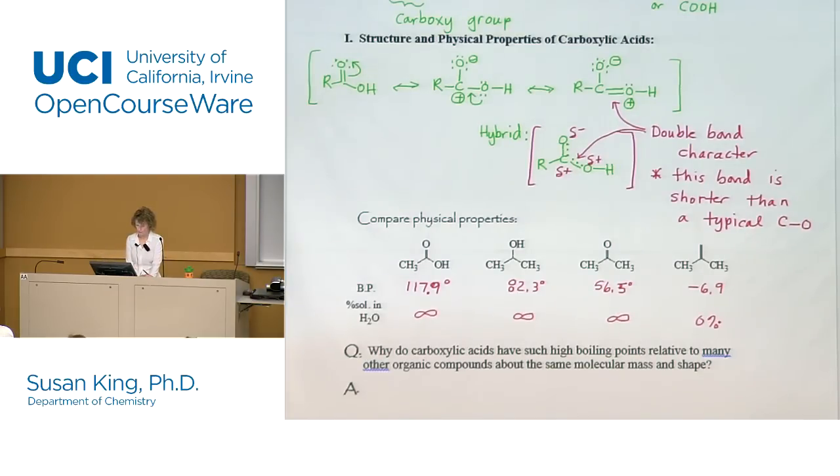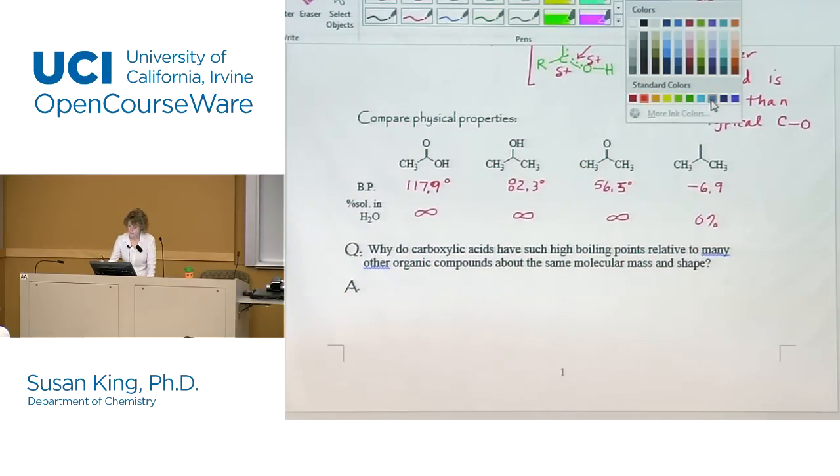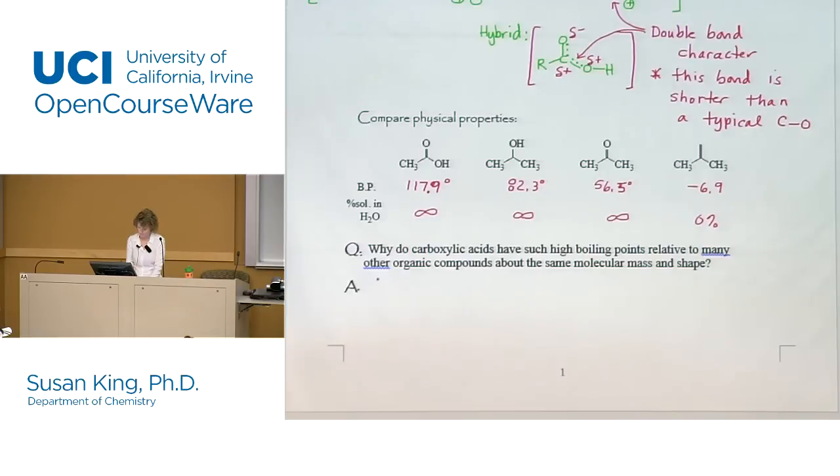So one of the questions is, why do the carboxylic acids have such high boiling points relative to many other organic compounds? And the reason is they form very strong hydrogen bonded dimers. So let's draw what one of those looks like. We'll draw one carboxylic acid here.